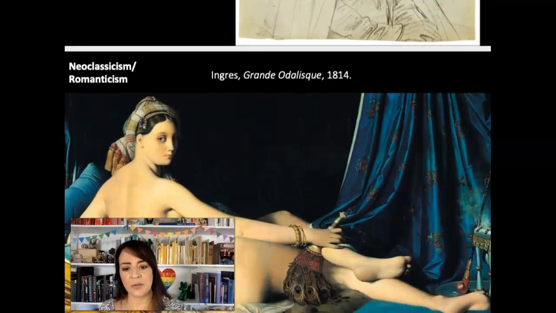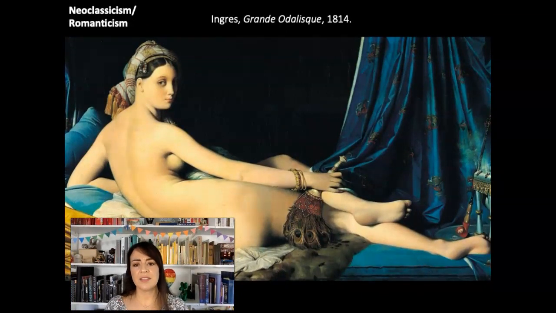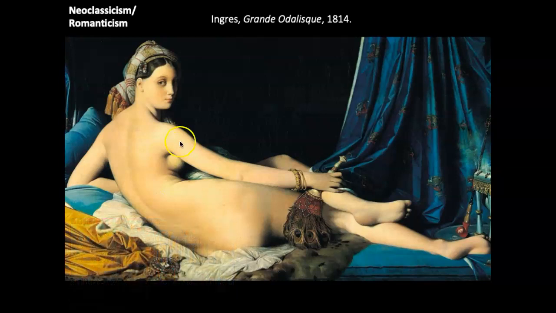The artwork that we're going to look at, though, is this one here. This is the Grande Odalisque, and this is by Ang. Now, I'll define the word Odalisque, but what we're looking at here is a young woman who is on a blue cushioned couch, and she's completely naked except for some bracelets and this gorgeous, thick, very expensive tapestry wrapped around her head.